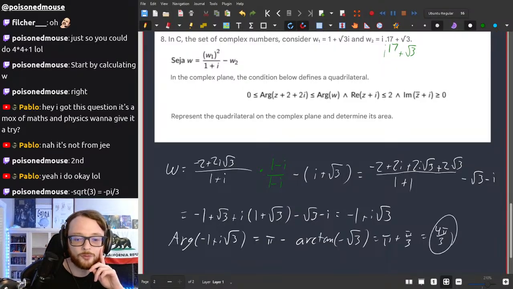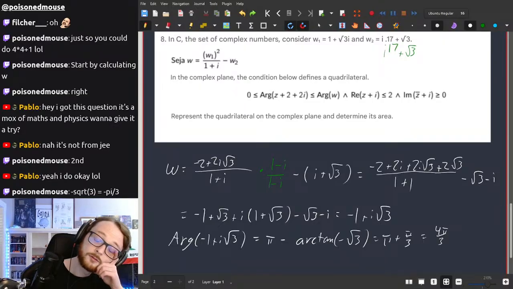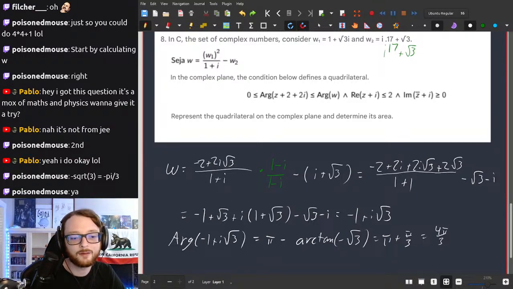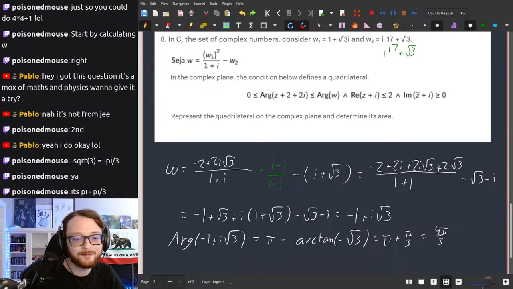That's third quadrant. I messed this up. Is there a double negative? I've forgotten how you deal with this for arctan. It's kind of bad, like how you fix the quadrant after you take arctan.